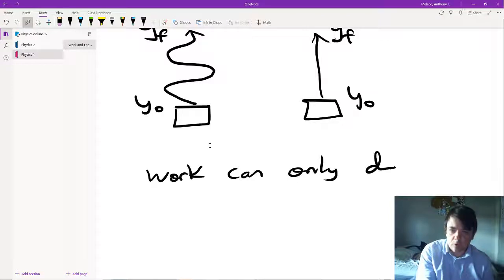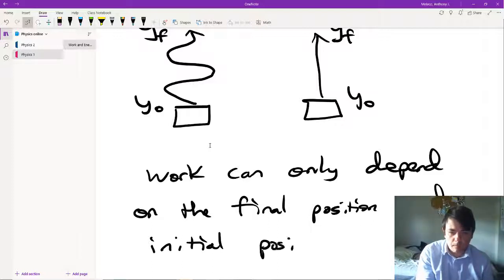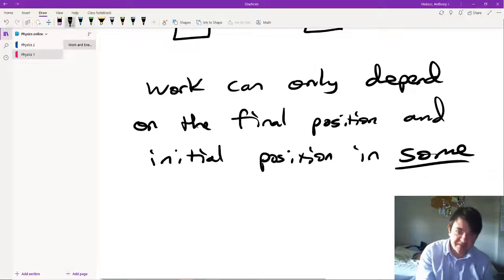So work can only depend on the final position and initial position in some instances.